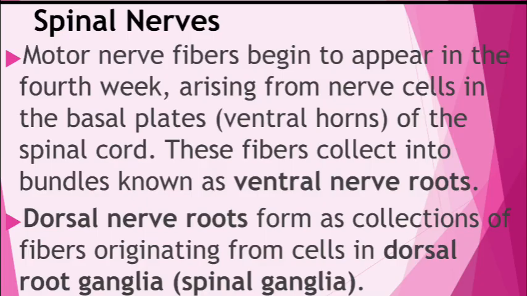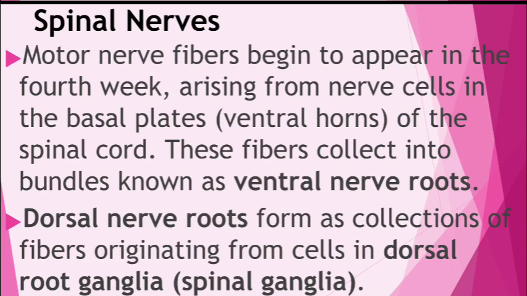Now let's see about the embryology of the spinal nerves. Don't forget that motor nerve fibers begin to appear in the 4th week, arising from nerve cells in the basal plates, that's the ventral horns of the spinal cord. These fibers collect into bundles, known as the ventral nerve roots. You also have the dorsal nerve roots, which form as a collection of fibers originating from cells in the dorsal root ganglia, what we call the spinal ganglia.